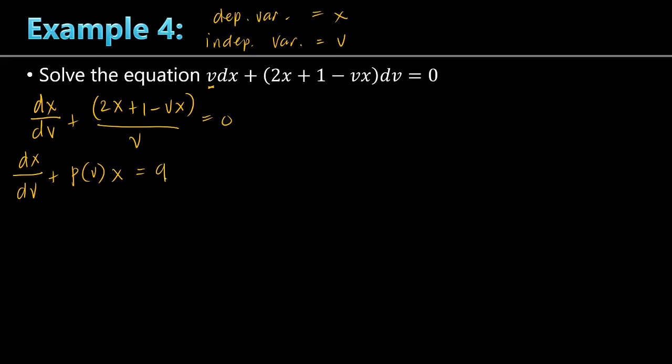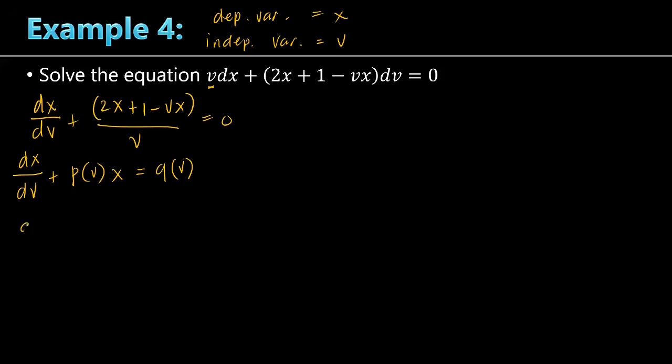So, q of v. Now, dapat maisulat natin in this form ang differential equation na ito, right? So, dapat makakuha tayo ng term na magkasama ang v at x. Ito yon, v at x, v at x.